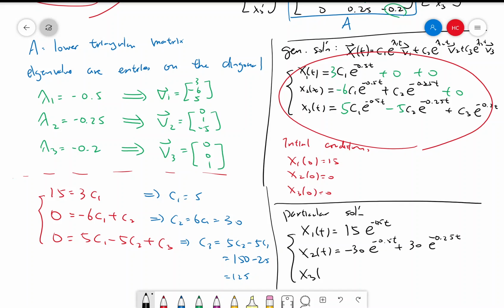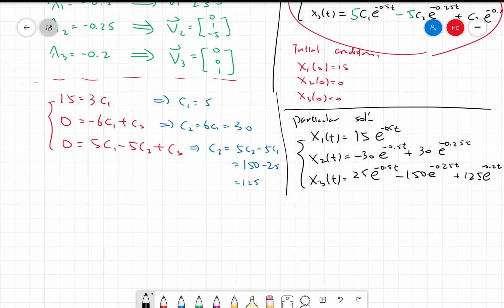And x3 is 5c1, that's 25, e to the negative 0.5t, minus 150 e to the negative 0.25t, plus 125 e to the negative 0.2t. Okay, so that's our particular solution.